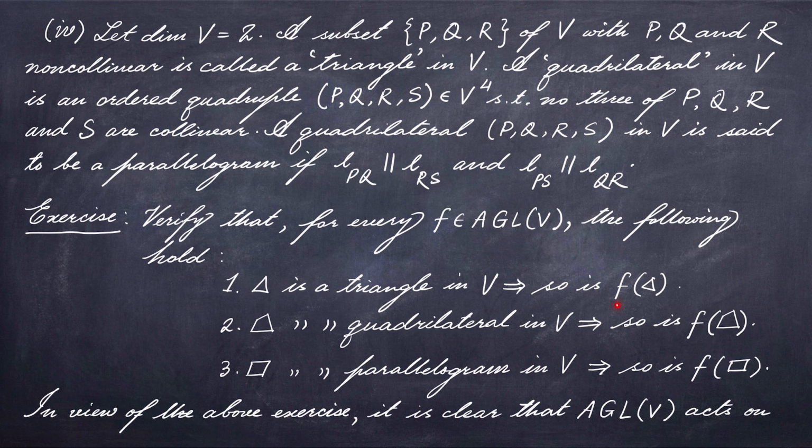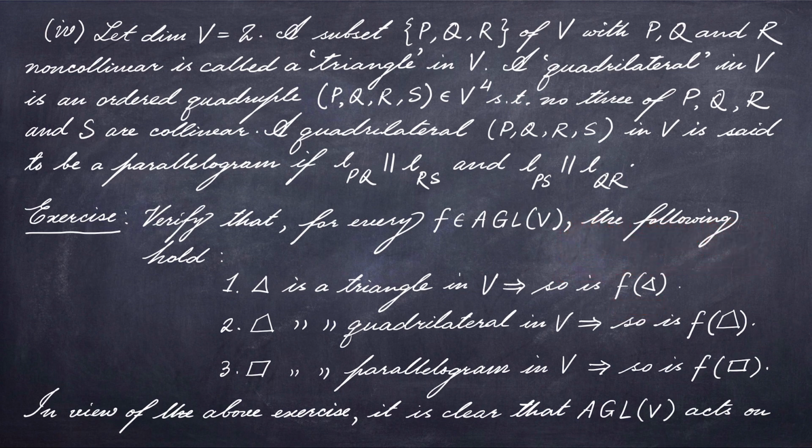Just to make it precise, let me tell you how this is defined in the very natural way. If the triangle is PQR, then this is defined as FP, FQ, FR. Okay, it is defined like this.